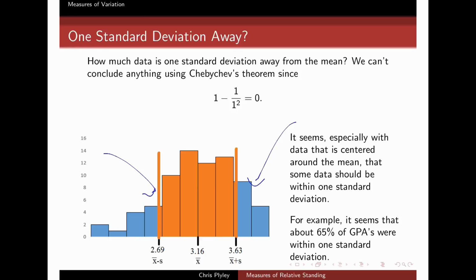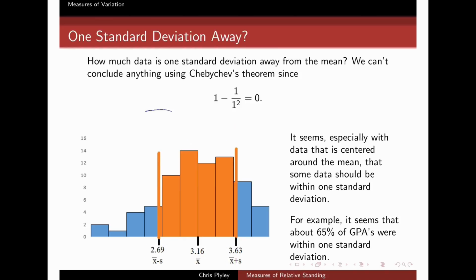But of course, in particular with our example, and with any example of data where that data tends to cluster around the mean, you're going to get a fairly significant chunk of your data within that range of 1 standard deviation below and 1 standard deviation above. But Chebyshev is no help to us in this case.